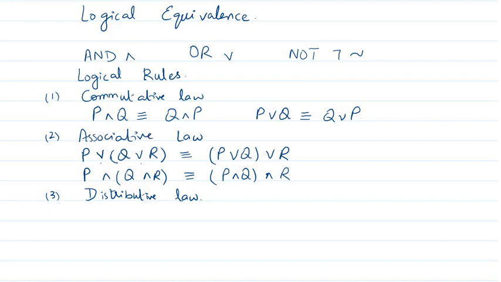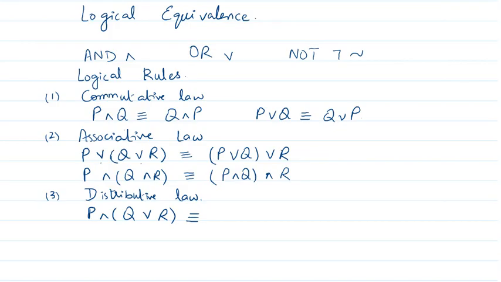Okay, according to the distributive law, how am I going to read P and Q or R? AND is distributed over OR, right?